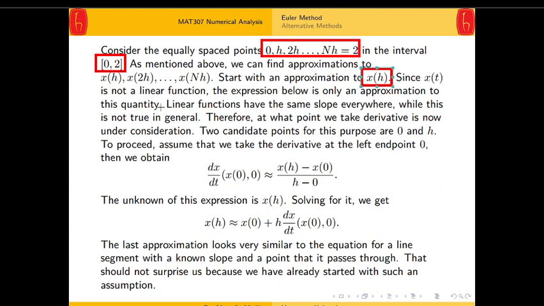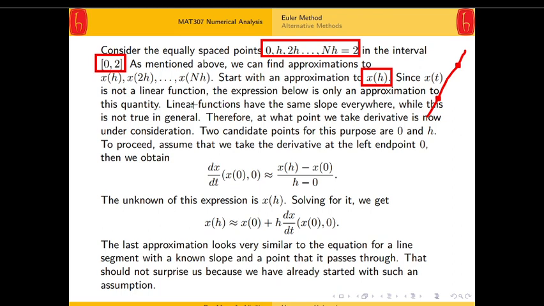Linear functions have the same slope everywhere. So if you consider a linear function like this, it will have the same slope everywhere, either at this point or that point. No matter which point you choose to compute the slope, it will give us the same answer. But the function we have is not linear.